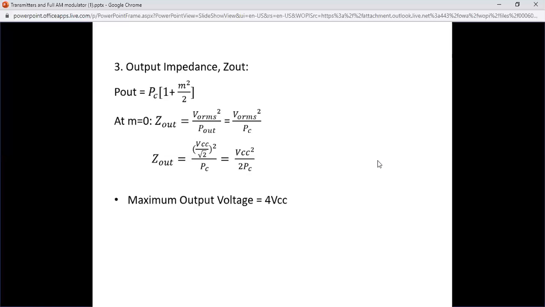So the largest voltage at A is when cosine is equal to 1, which produces a voltage at A equal to 2 VCC. Therefore, we get a maximum output voltage of 4 VCC.